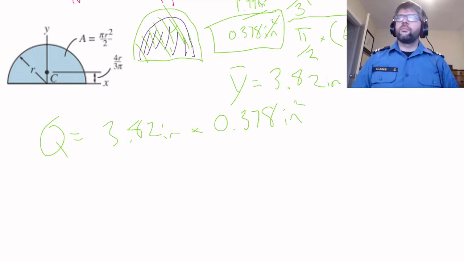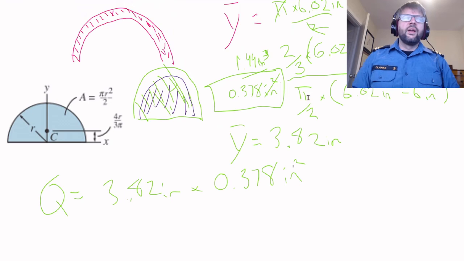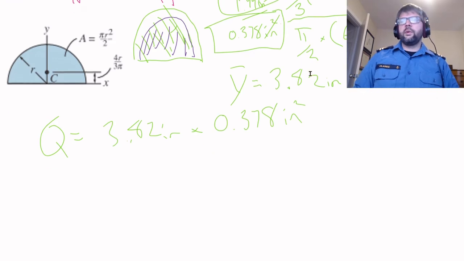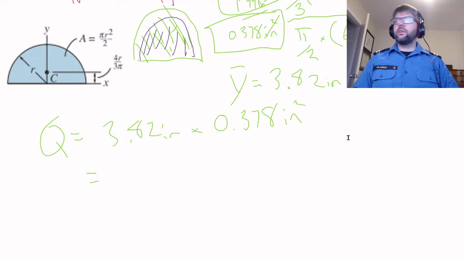Oh yeah, I guess I should have realized that gives us what we had up there. I could have skipped a step, but I'm not that bright sometimes. Anyways, 1.44 inch to the third is our Q.